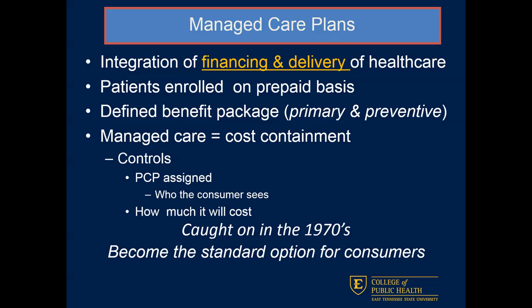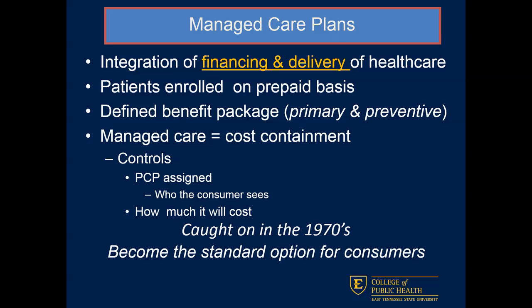So patients are enrolled in a managed care plan on what's considered a prepaid basis with a more defined benefit package that includes services like your primary care, your preventive care services, and then patients can either go out and select themselves, or they are assigned a primary care provider, or you may hear this called a PCP. What that primary care provider does is they act like a gatekeeper to coordinate more specialty type cares and hospital cares that the patient needs.